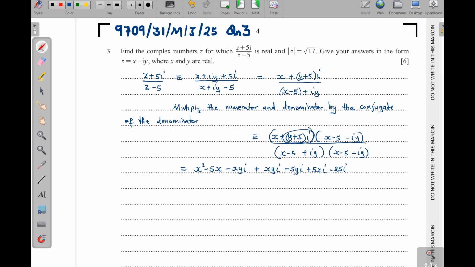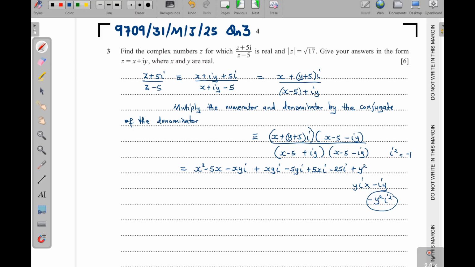Now we multiply this one in here. So we have yi times negative iy. So this one will be minus y squared i squared. But remember, i squared is equal to negative 1, so this one will be a plus. So we have plus y squared.